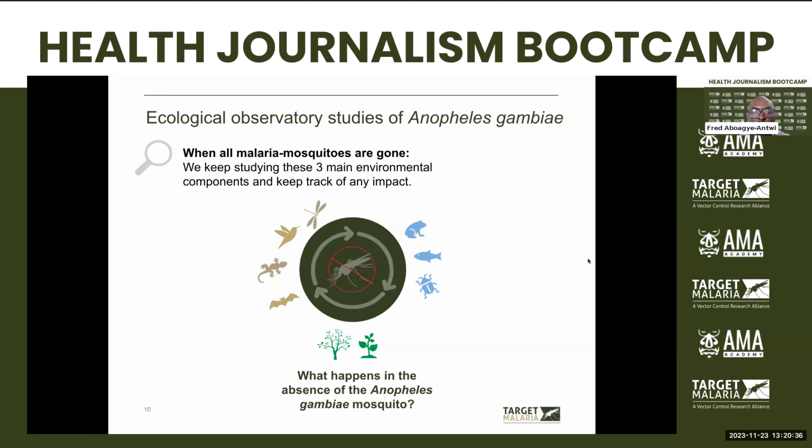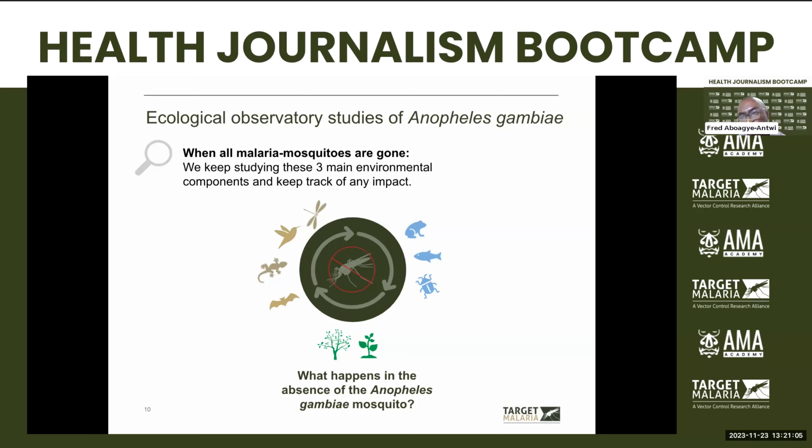And so the main question is, once the mosquito that transmits the malaria, specifically Anopheles gambiae, is no more, what will happen to all these organisms? The insects that feed on the adult mosquito, the birds, the lizards, the bats, what could potentially happen to them?